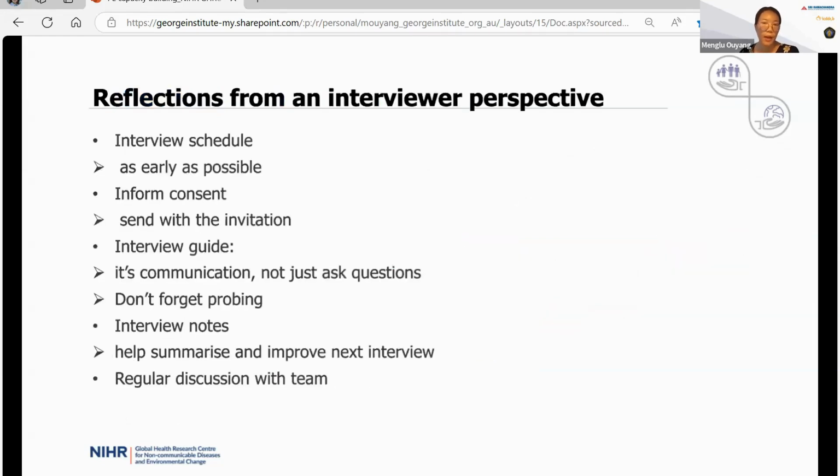And during the interview data collection, we have some reflections to help better organize the interviews and the qualitative data collection.